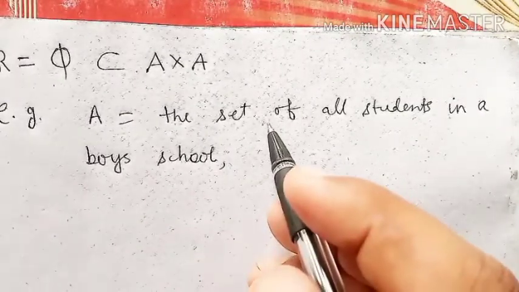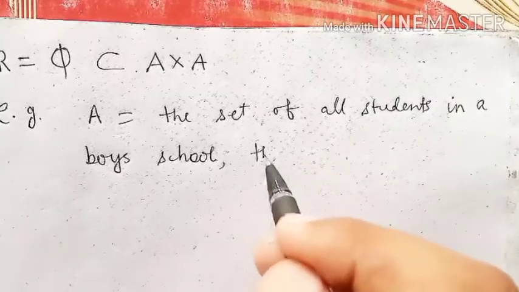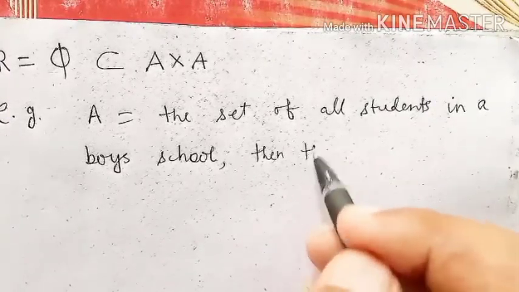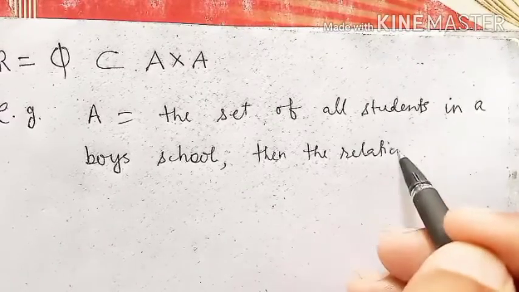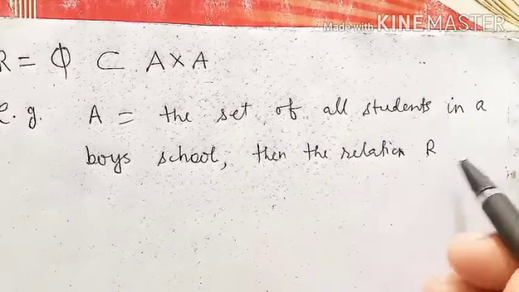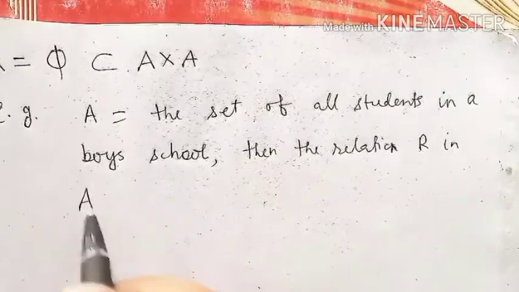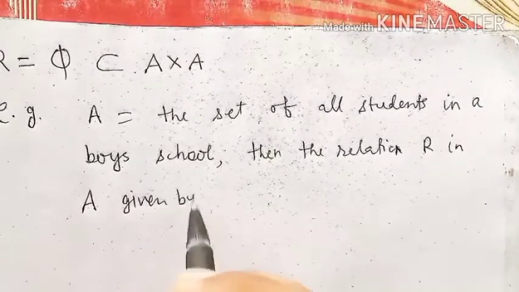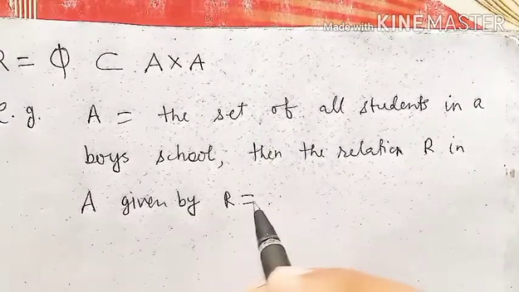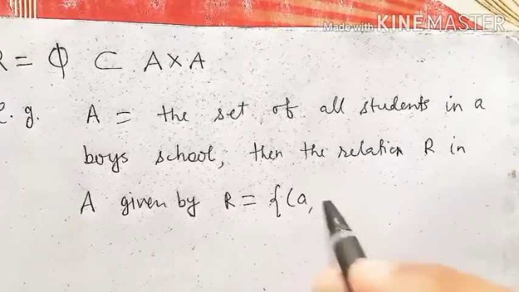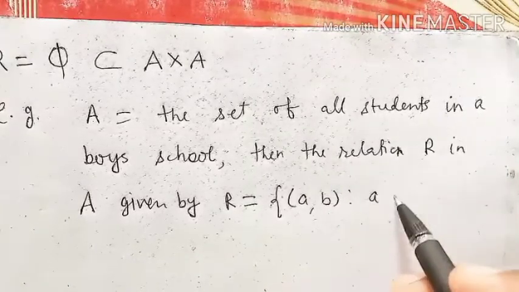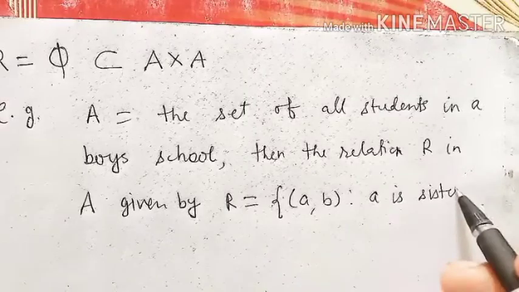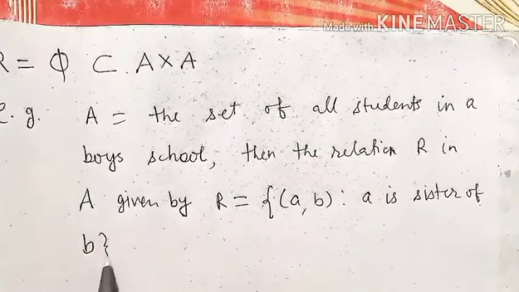Then the relation R in A given by R is equal to the set of all ordered pairs (a, b) such that a is sister of b.